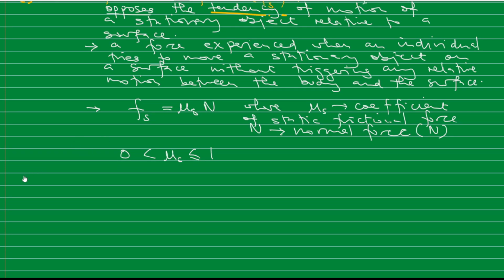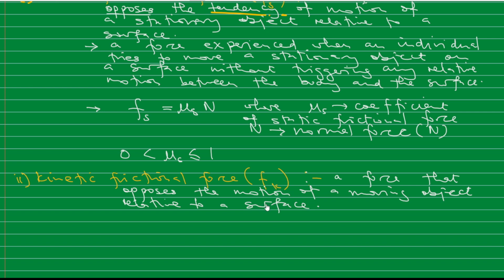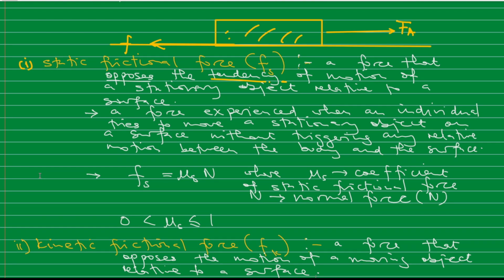The other force that we have under frictional force is what is called the kinetic frictional force, symbol Fk. Kinetic frictional force is a force that opposes the motion of a moving object relative to a surface. You find two differences between the kinetic frictional force and the static frictional force. In the kinetic frictional force, it is a force that opposes the motion of a moving object.